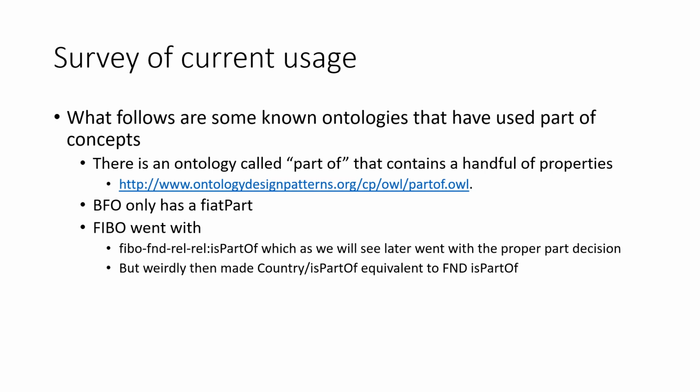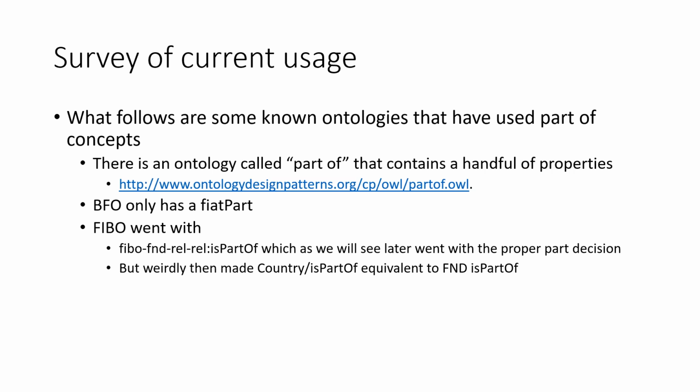FIBO has something called isPartOf. And if you follow their annotation, they went right back to the Stanford mereology entry, and they went with what we're going to have in a slide or two from now, the concept of a proper part, which I think is a sensible way to go. The only other thing I found that had partOf in it was country isPartOf, or state is part of country, or something like that.